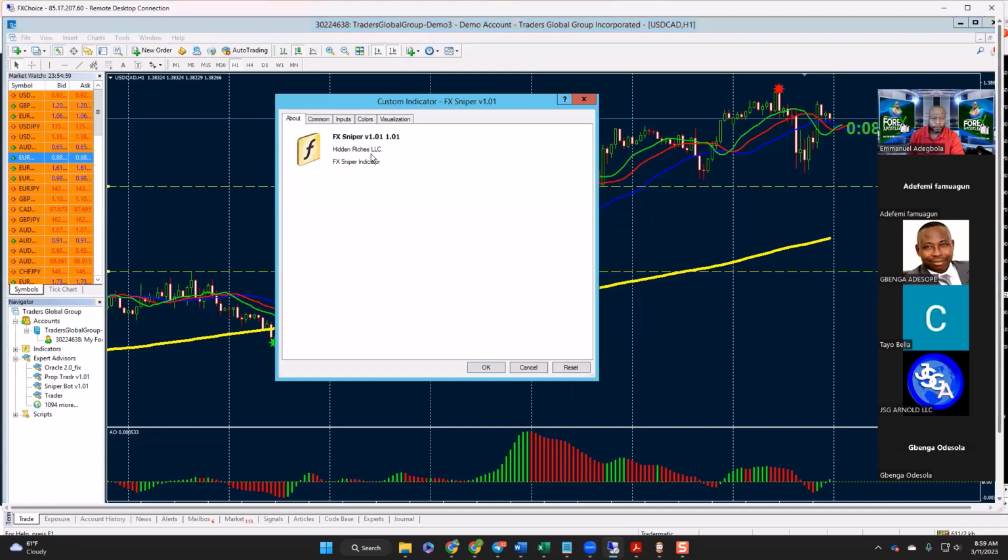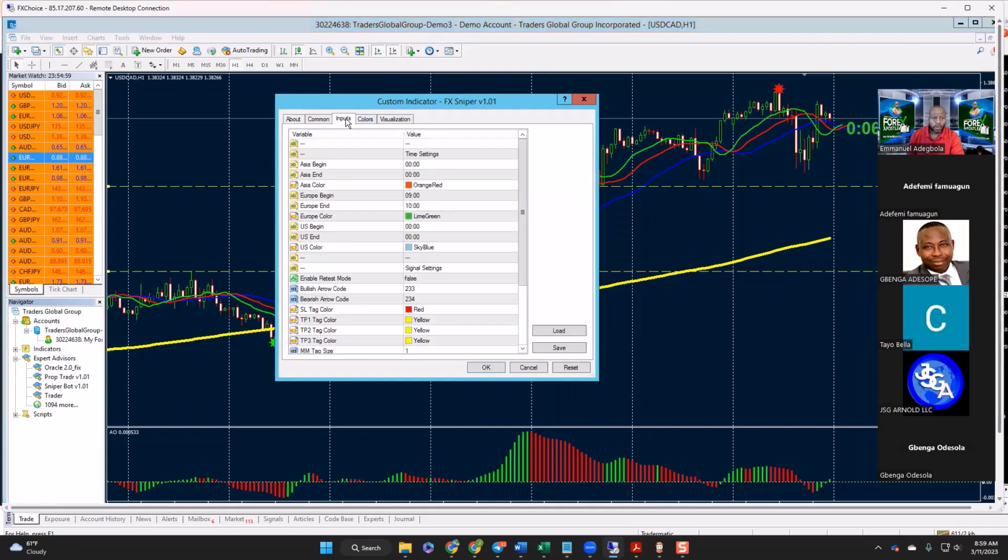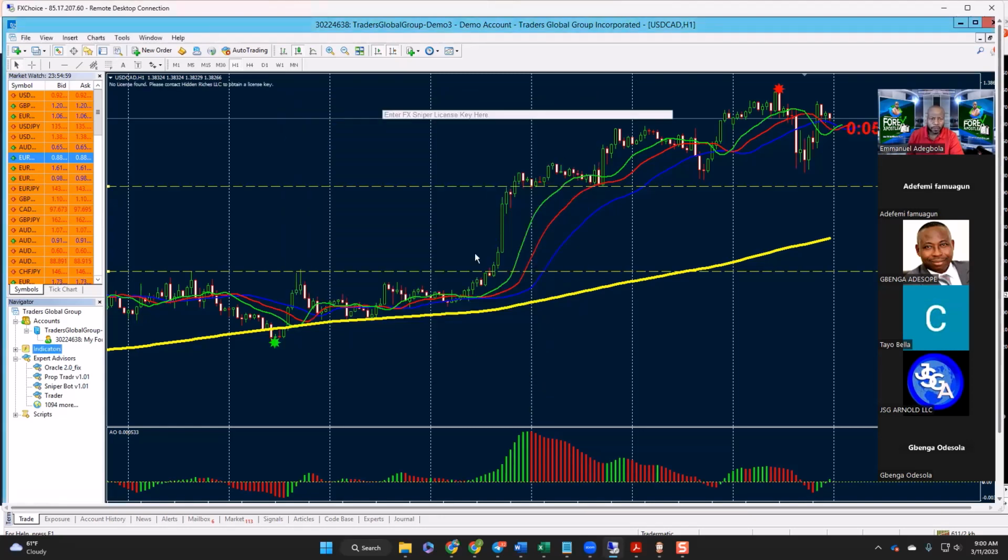FX Sniper. So with the FX Sniper settings, what I do, if you are using it to trade Asia, I actually have a settings that I use.